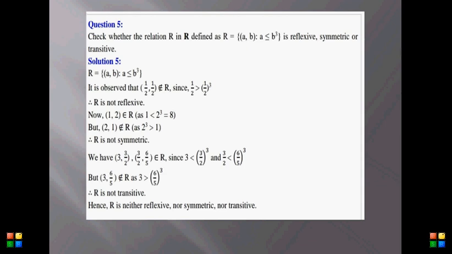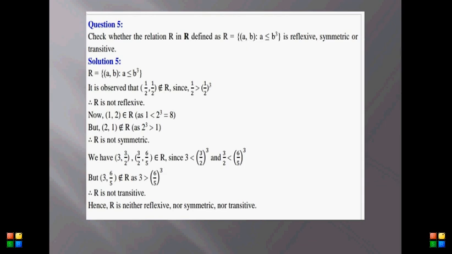Now (1, 2) belongs to R as 1 is less than 2 cube, which is 8. But (2, 1) does not belong to R as 2 cube is greater than 1. So this is not a symmetric relation.